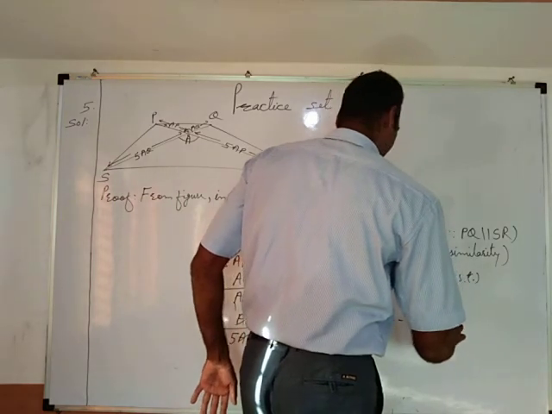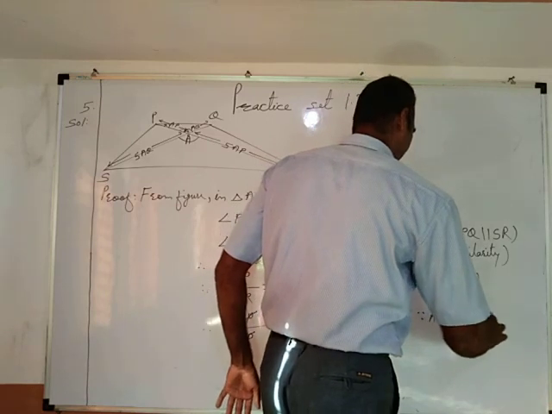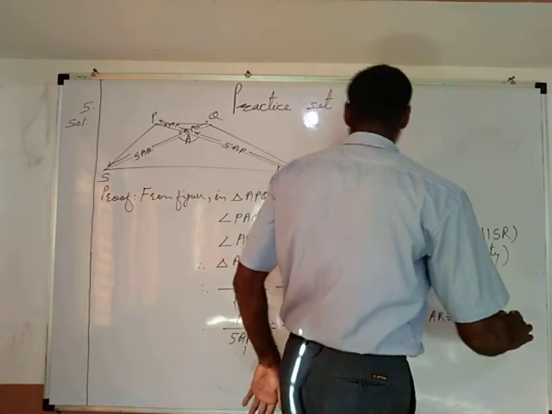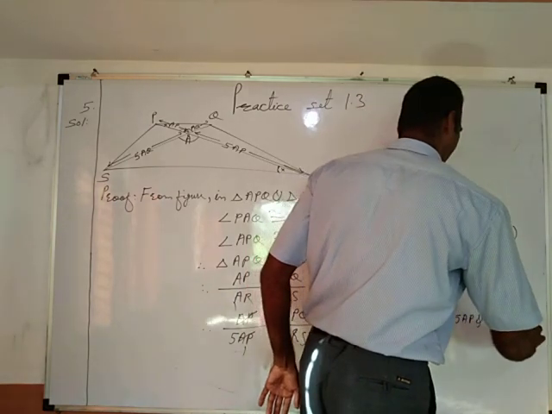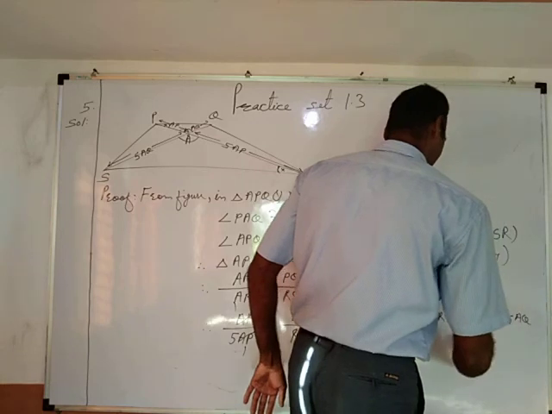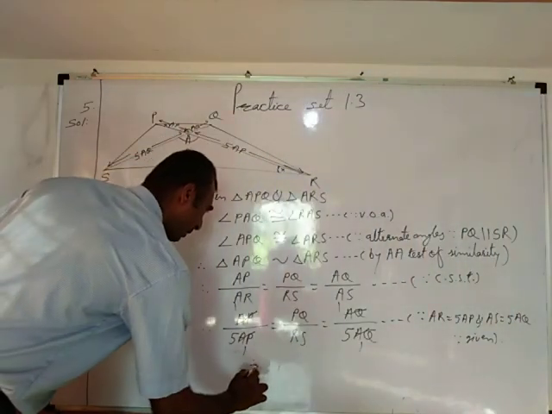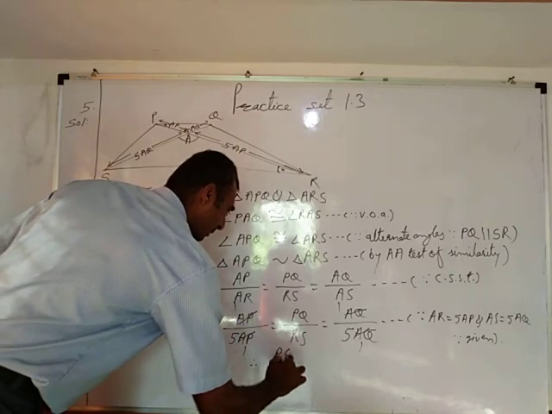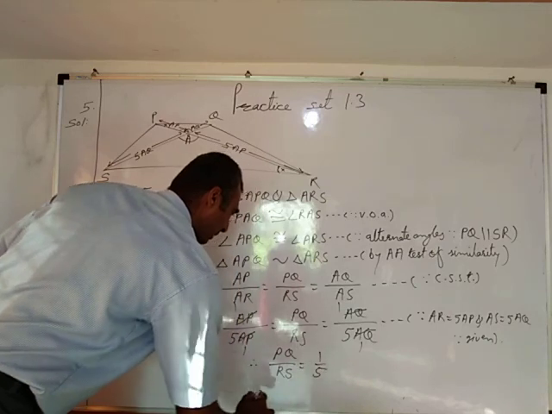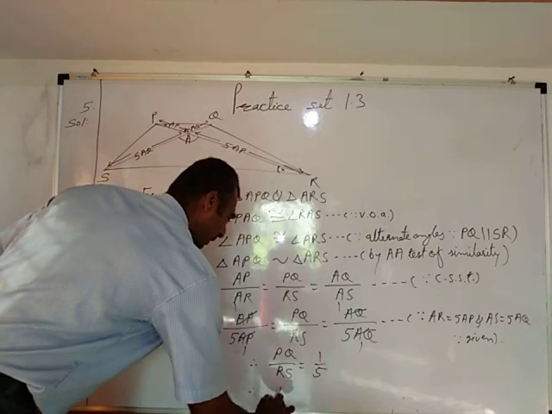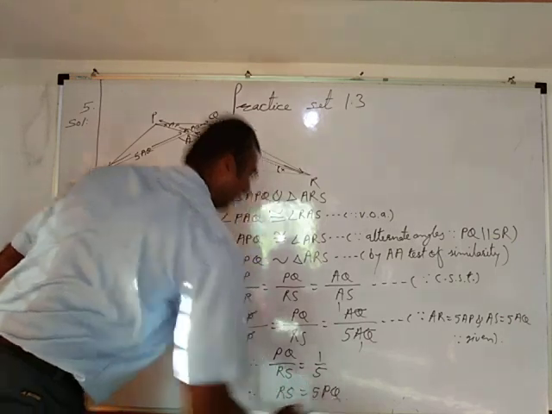Since it is given that AR is 5 times AP and AS is 5 times AQ, therefore we can write PQ upon RS equals 1 upon 5, and therefore RS equals 5 times PQ.